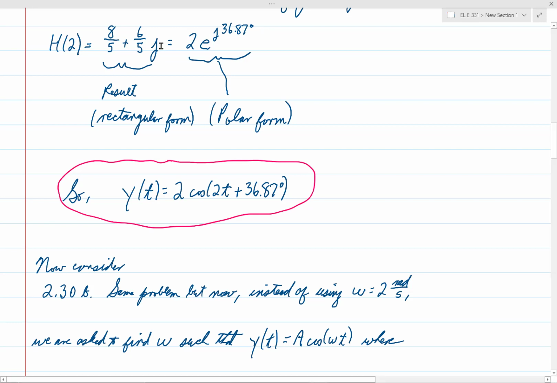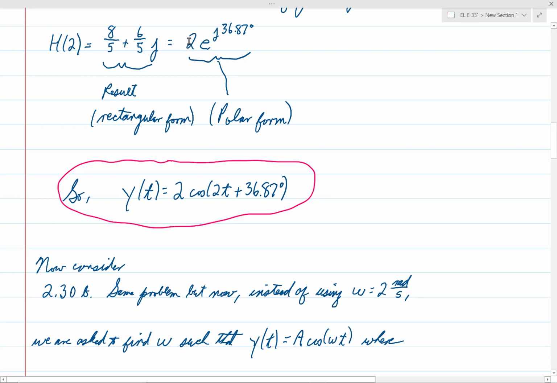Just remember, wherever you have a j in your notes, use an i. So again, we found out that it is 8/5 plus 6/5 j, and as I said, that's the rectangular form of the complex number. But what's more useful to us is this polar form, 2e to the j 36.87 degrees.